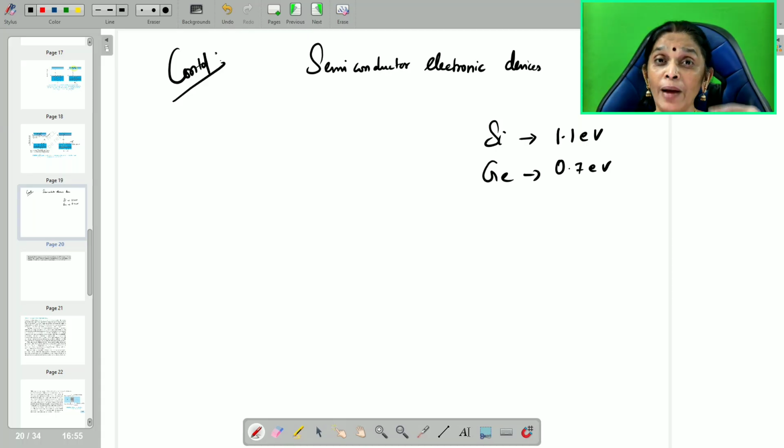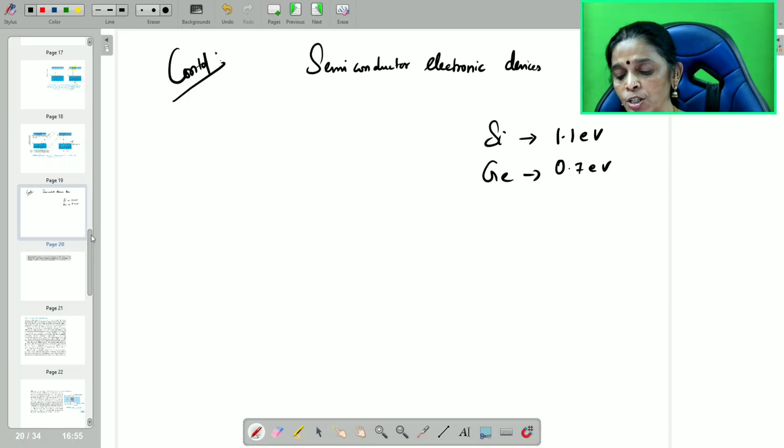So it is possible by means of an external agency, external voltage or external electric field, to control the flow of electrons, to make it conduct. And we have already seen that the semiconductor at low temperature doesn't conduct.